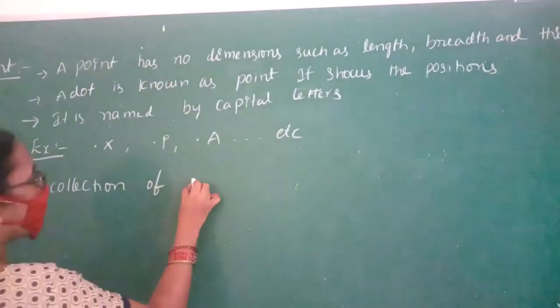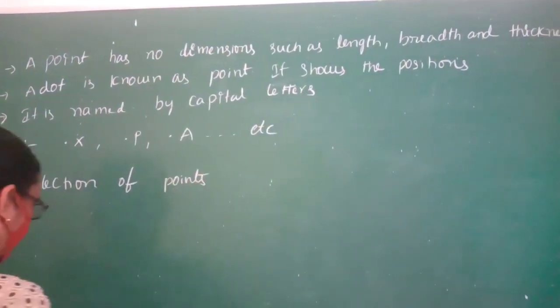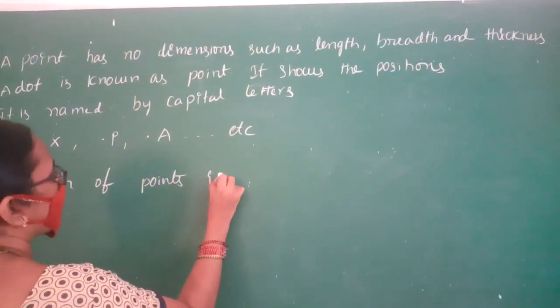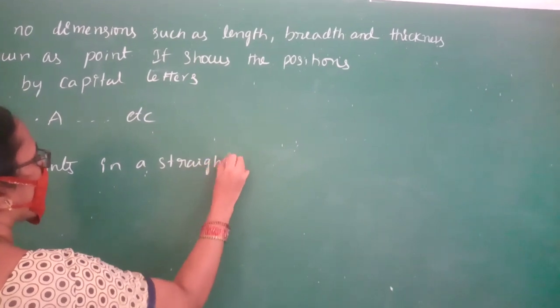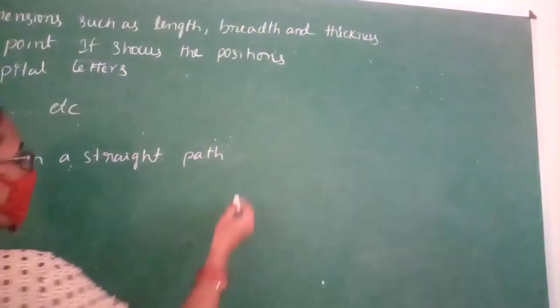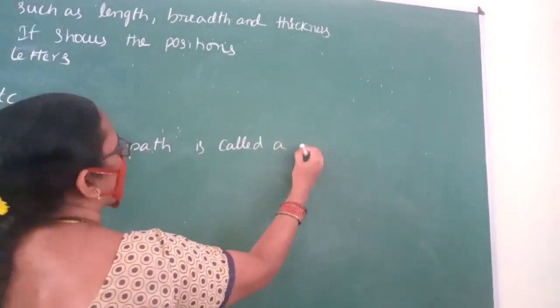A collection of points in a straight path is called a line.